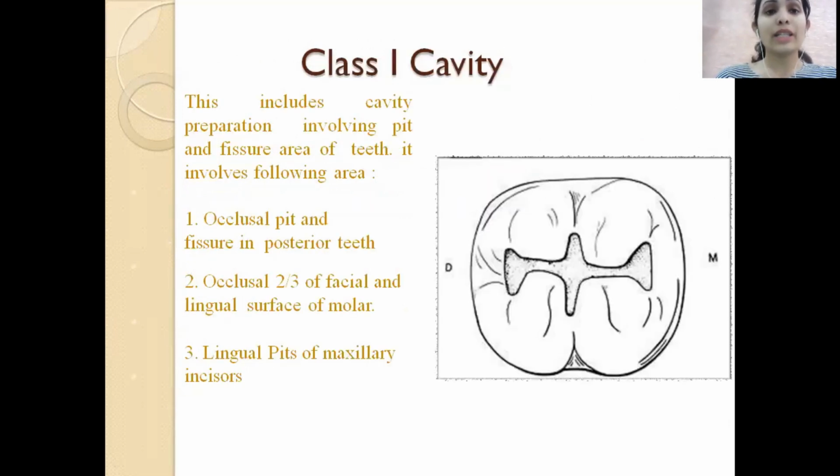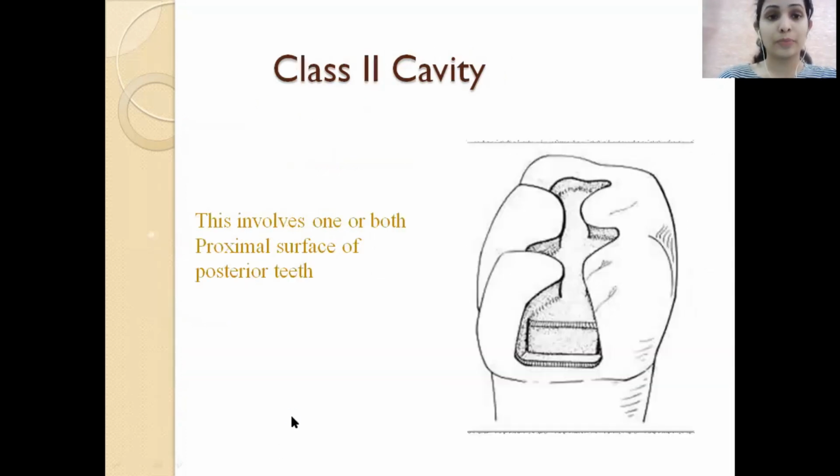Class 1 cavity includes cavity preparation involving pit and fissure areas of the teeth. It involves the following areas: occlusal pits and fissures in posterior teeth, occlusal two-thirds of the facial and lingual surfaces of molars, and lingual pits of maxillary incisors. So these three points are important for Class 1 cavity.